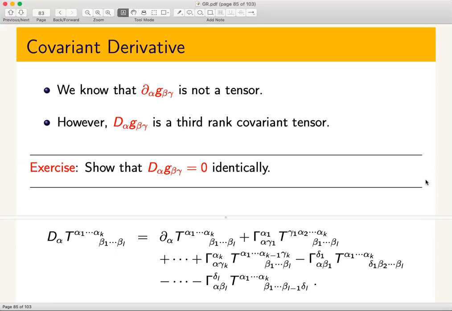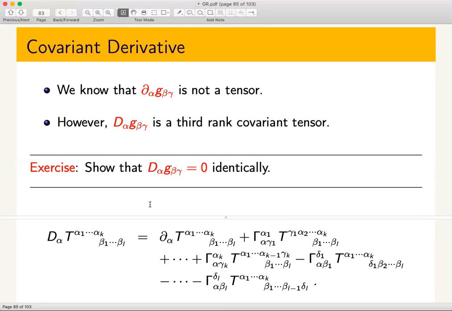Okay, and suppose you don't know what that gamma is. You use this equation. Permute alpha, beta, gamma indices in appropriate fashion. Add the two terms and subtract the third one. You know which terms to add because it is symmetric in beta gamma, so you have to add terms where you have swapped beta and gamma in the expression, but subtract the term where you swap alpha with one of the pieces.